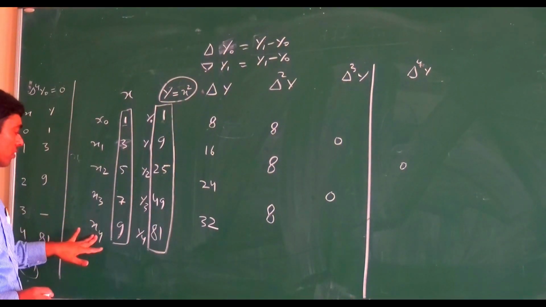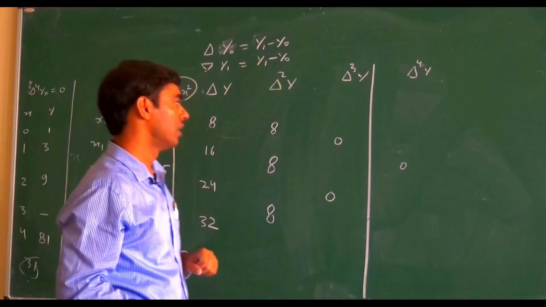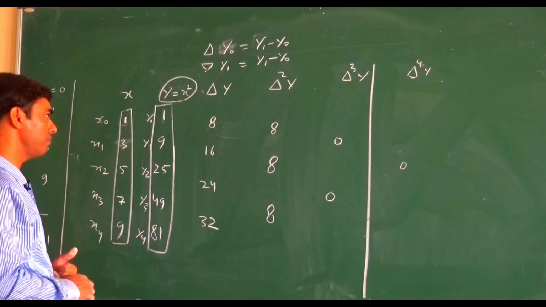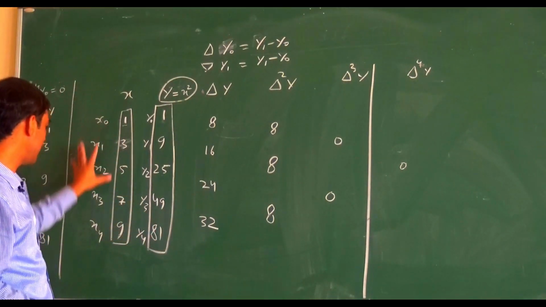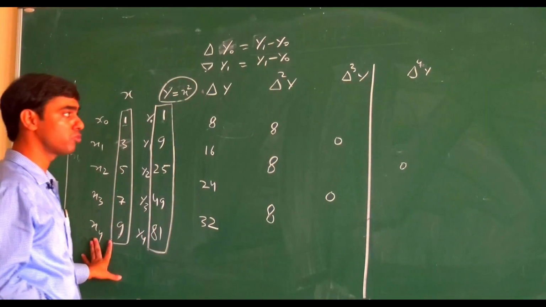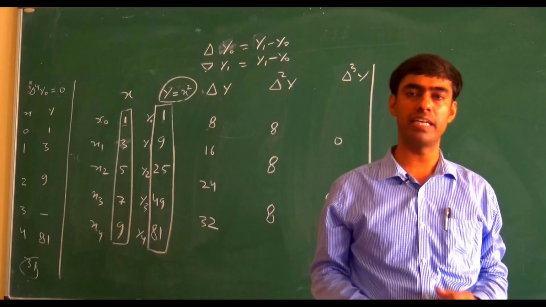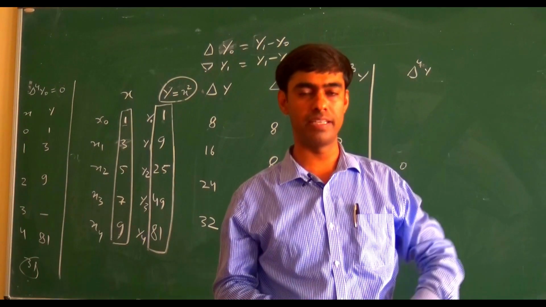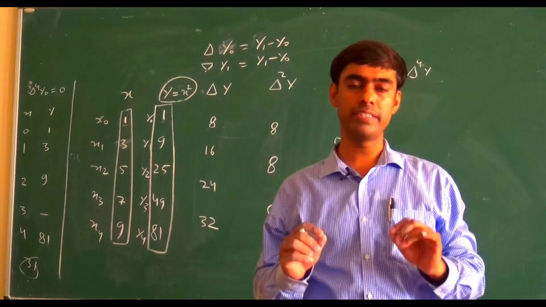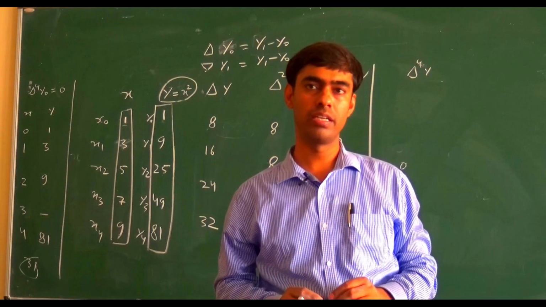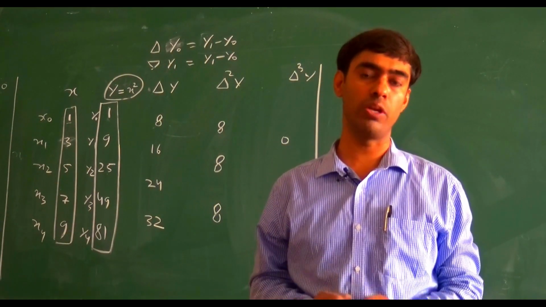If there are 5 terms, the maximum degree of polynomial is 4, because 5th onwards differences become 0. Similarly, to generalize, if there are n plus 1 terms, then the maximum order of forward difference that we are able to obtain is the nth order difference, and using the property of this difference table, we are able to fit an nth degree polynomial if we have n plus 1 known values.